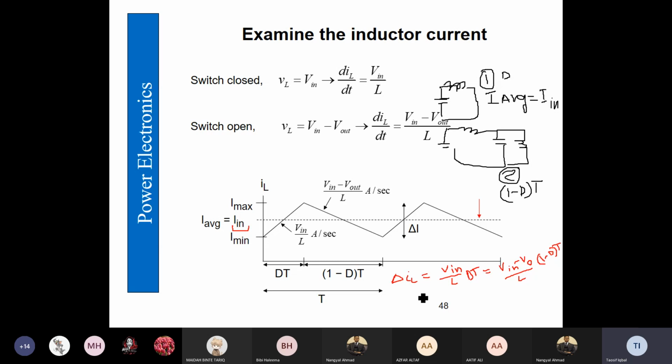Therefore, the average value of the inductor current is going to be half of the ripple plus the minimum current, or it is going to be in the middle of the inductor current.